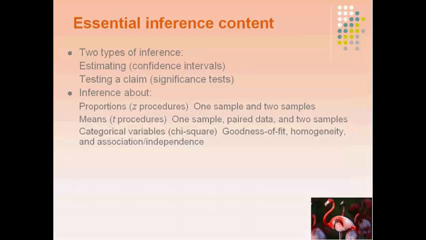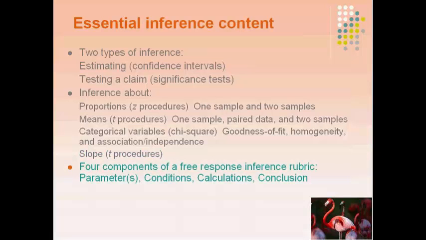If you just count quickly how many different things we have to estimate or test claims about, we'll probably come up with somewhere north of 10 different inference procedures that we have to help students learn. But my logic is we don't want to worry about mastering each procedure in great detail until we've got the big ideas down.